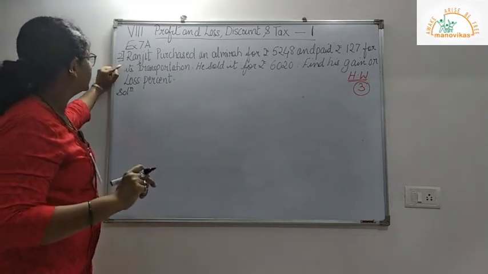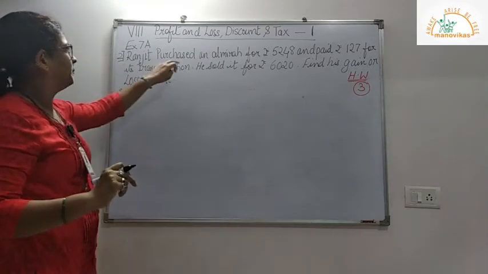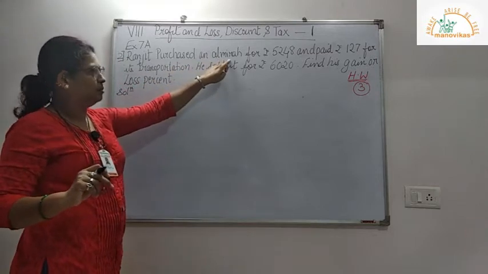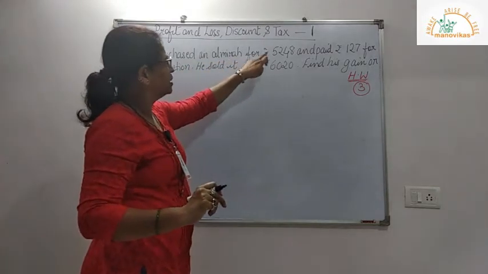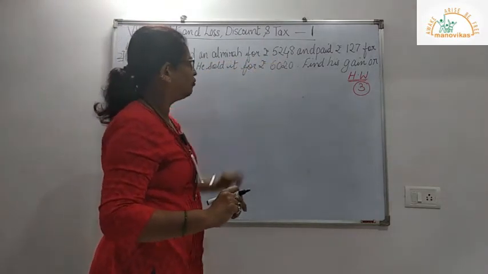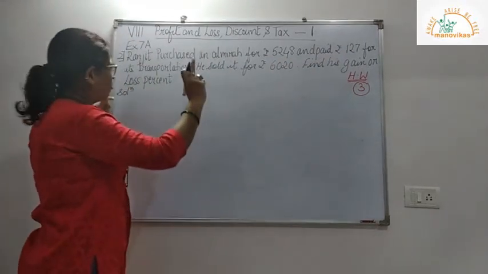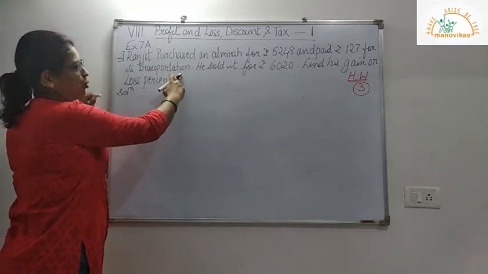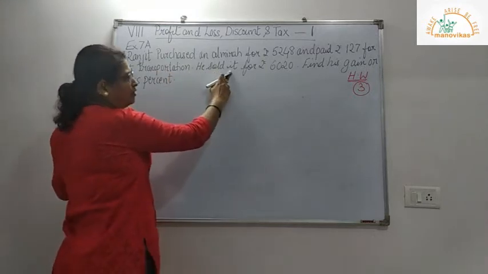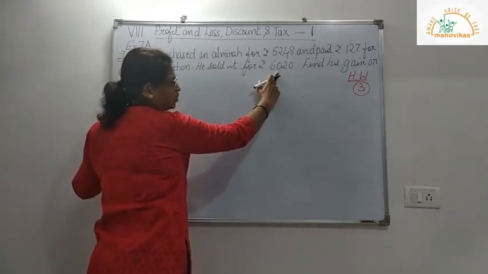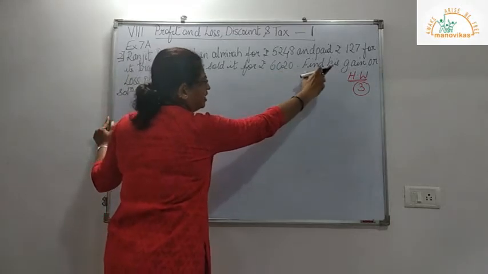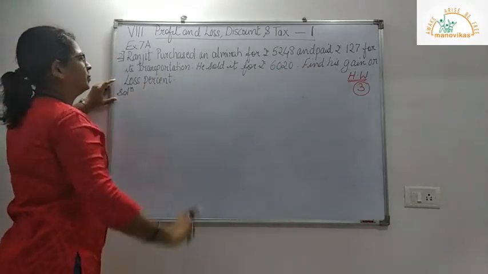Now my second sum is: Ranjit purchased an Almirah for rupees 5248 and paid rupees 127 for its transportation. He sold it for rupees 6020. Find his gain or loss percent.